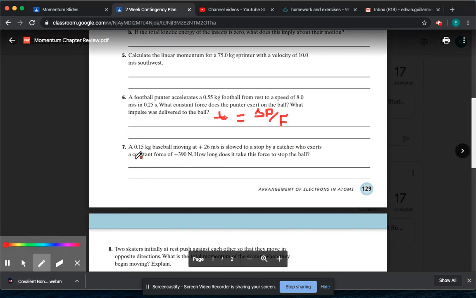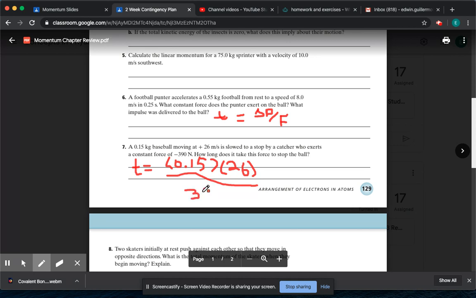So the answer to this question is that T is equal to 0.15, because remember P is m times v. So this is 0.15 kilograms times 26 divided by 390.